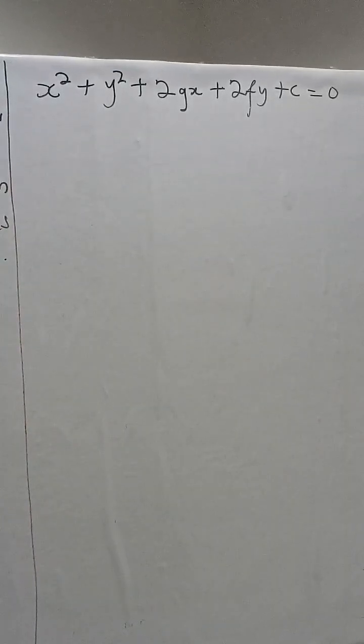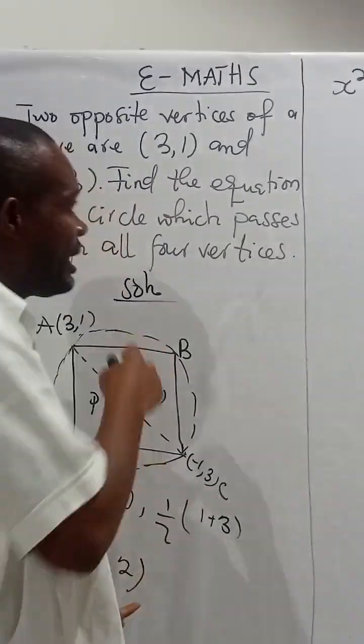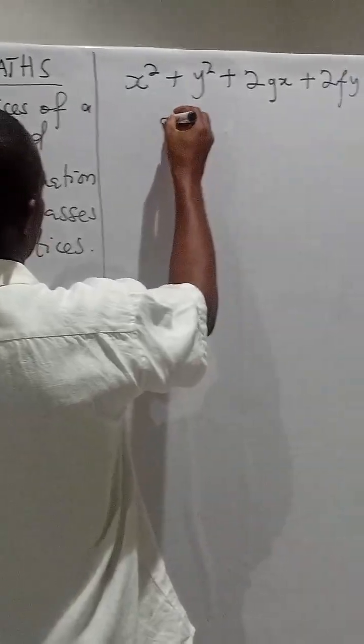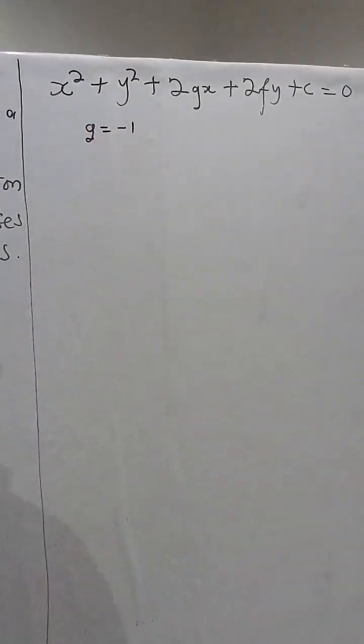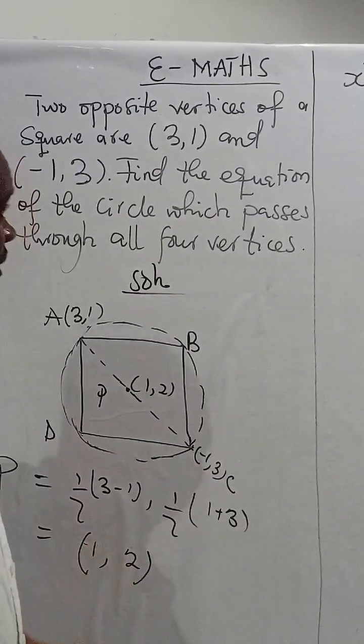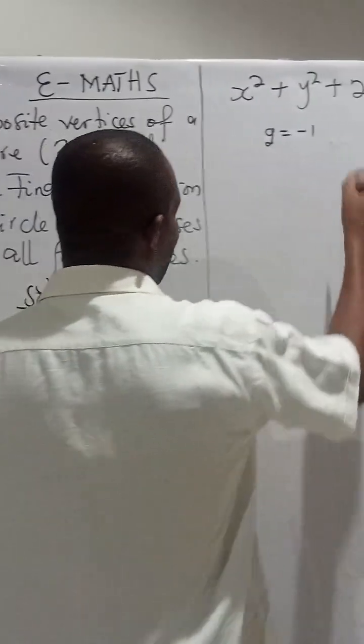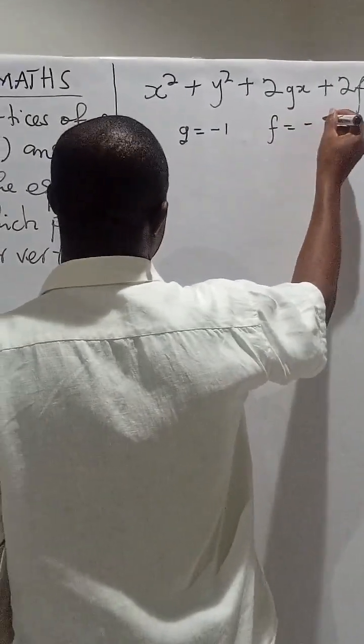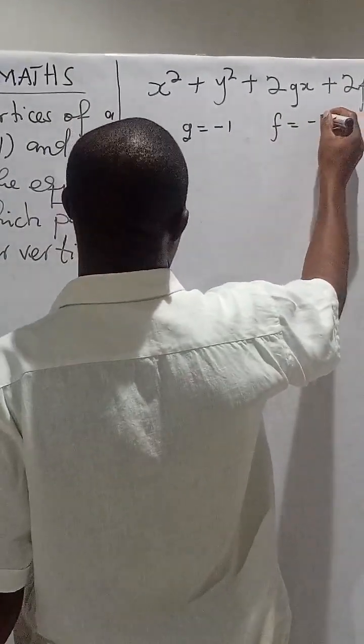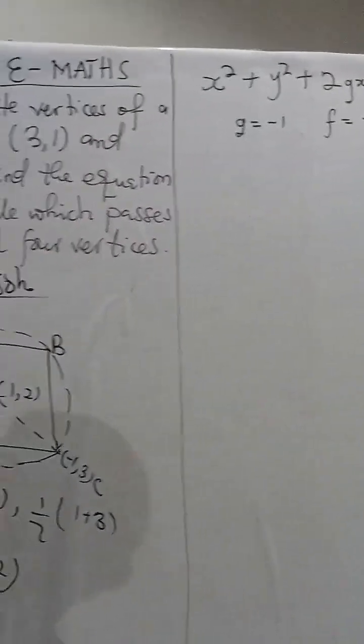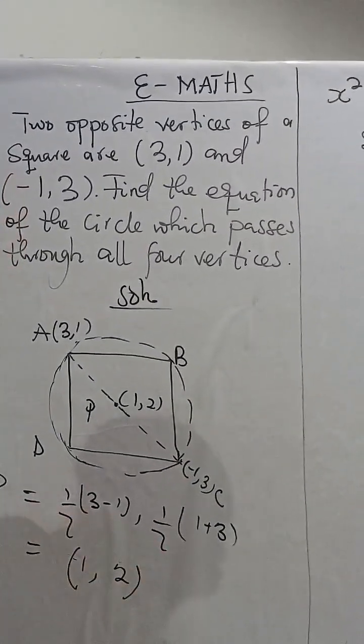We can find g and f from the coordinates of the center, where g is equal to -1. That is, we negate the x coordinate of the center. Then f is equal to -2, negating the y coordinate of the center.